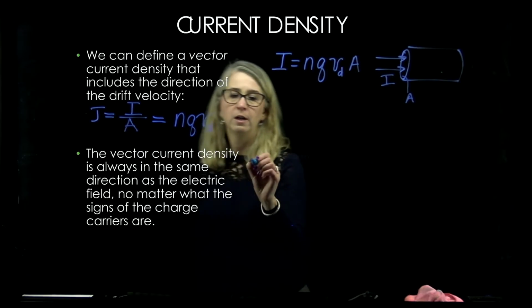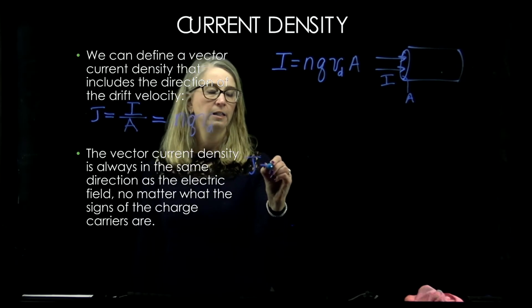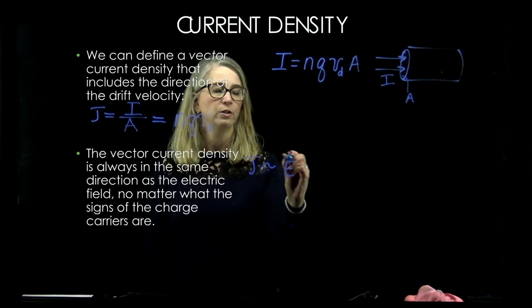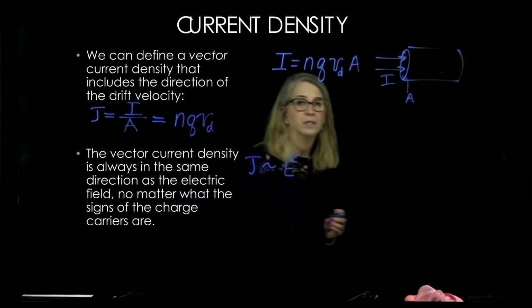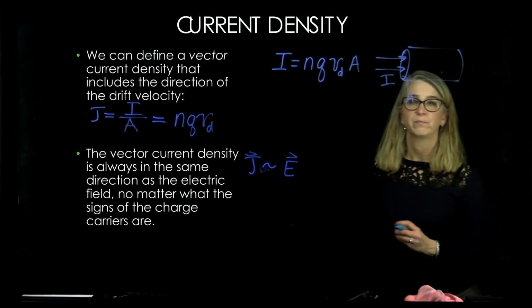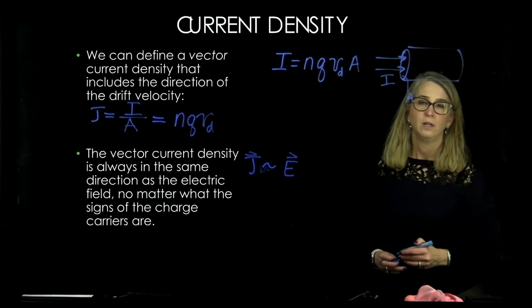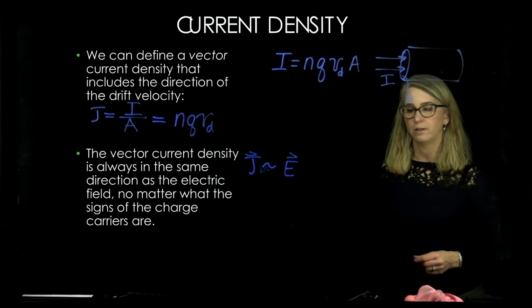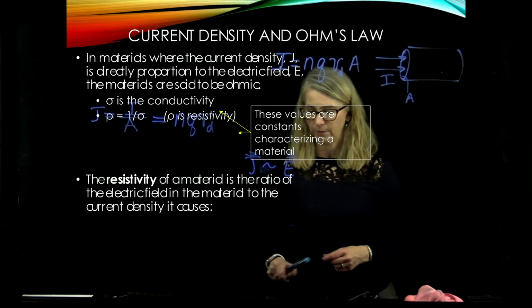And so J is proportional to the electric field, and we're going to write them both as vectors. We're going to come up with a relationship, and then we're going to call this Ohm's Law. So let's get to that.